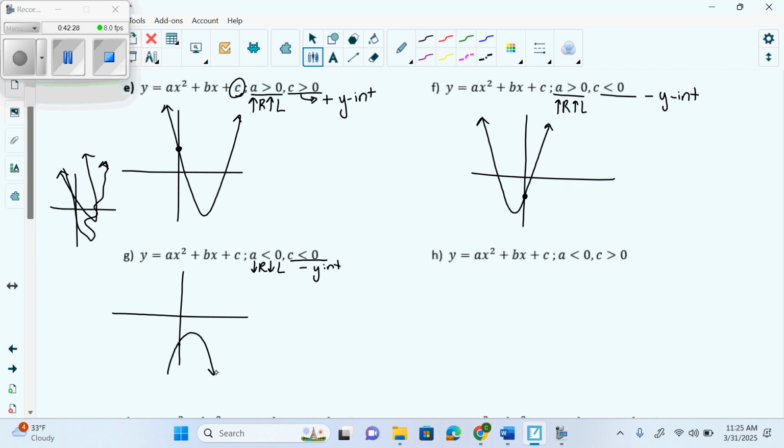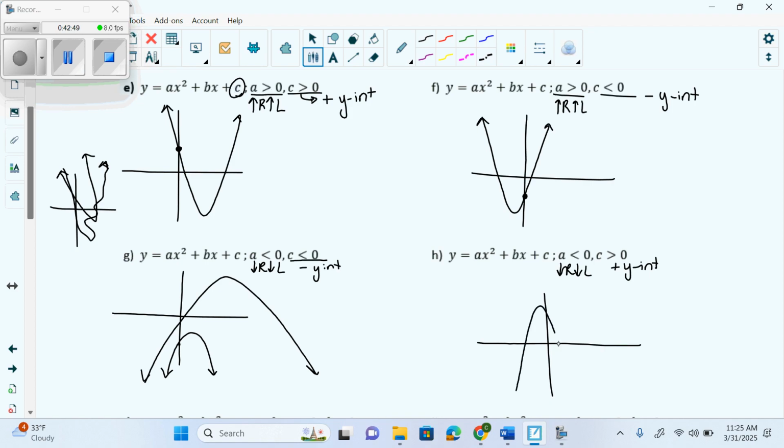It has to not cut through. Well, no, it could go like this. It just needs to be symmetrical somehow, correct? There's a whole bunch of options. And then this one, down on right, down on left, positive y-intercept. There's one. There's another. You know what I mean? Okay.